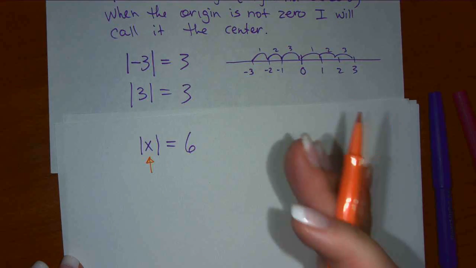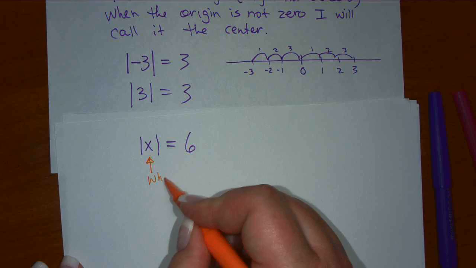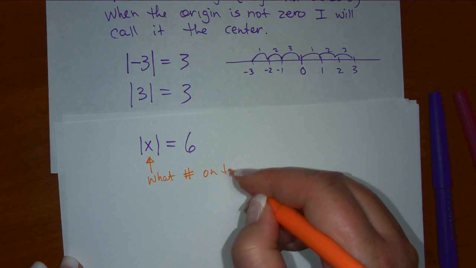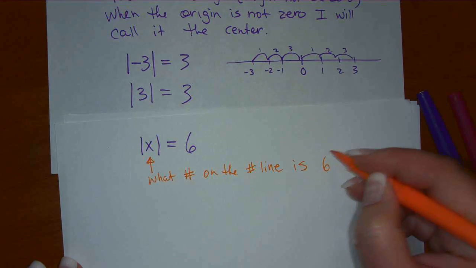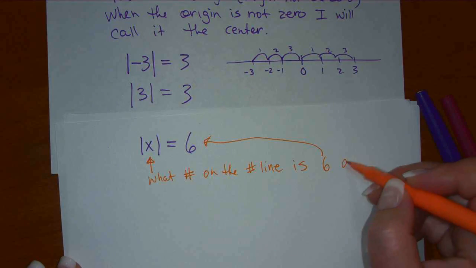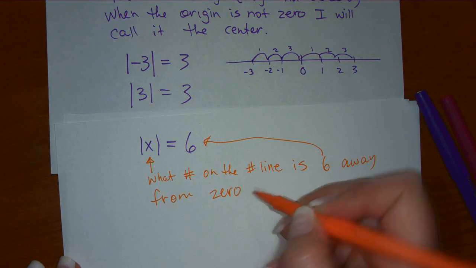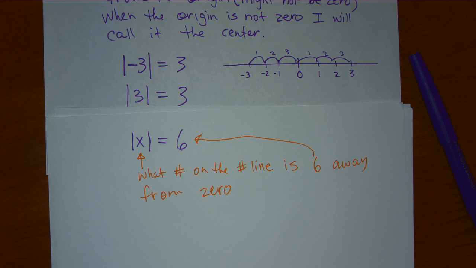It's saying what number on the number line is 6 away from 0, or the origin. That's what the equation says. The absolute value of x equals 6 says, solve for x. What value of x is 6 away from 0? And what answers are 6 away from 0?